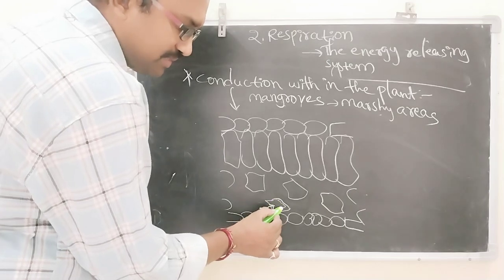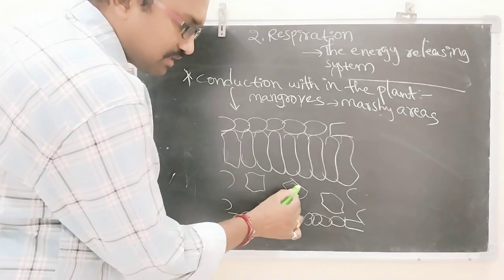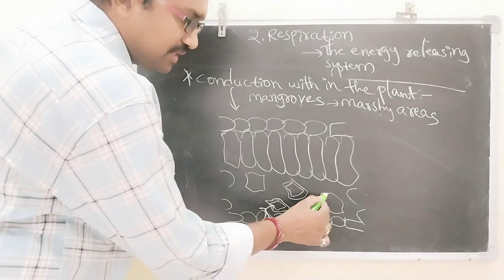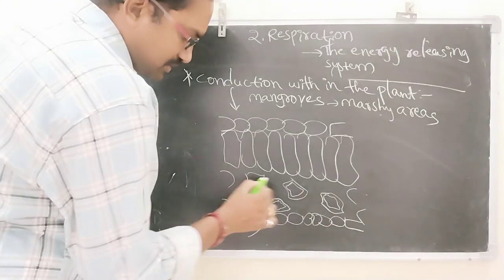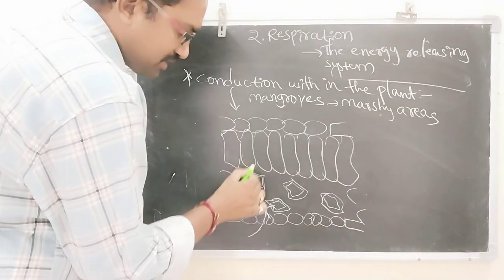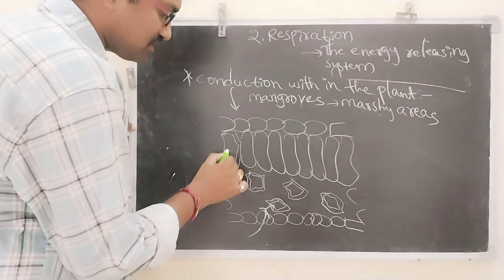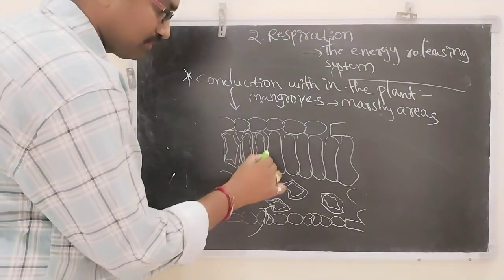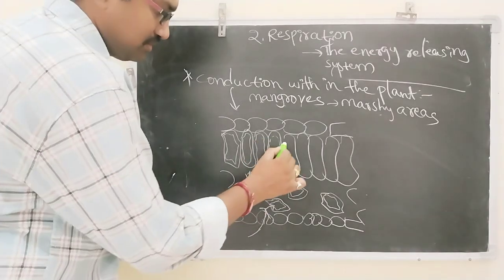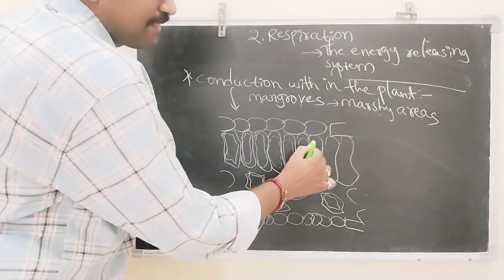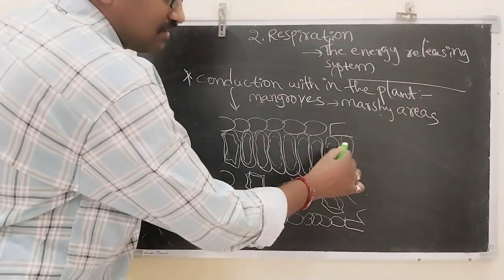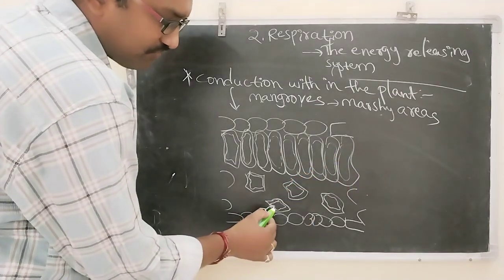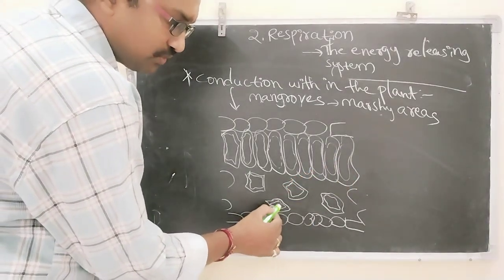Water film means the cells are lined by a water film, in either palisade parenchyma or spongy parenchyma. The cells are lined by water film, like this. Then from the water film, the oxygen enters into the cells.